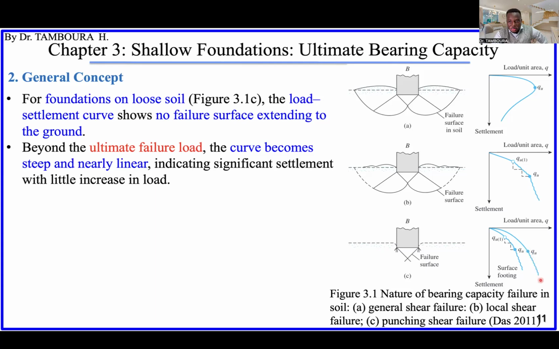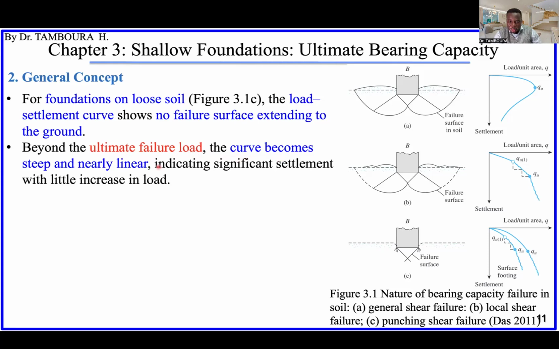So where this starts to be linear, this is where we get our ultimate bearing capacity. Okay, so that is what he said here, ultimate failure load.